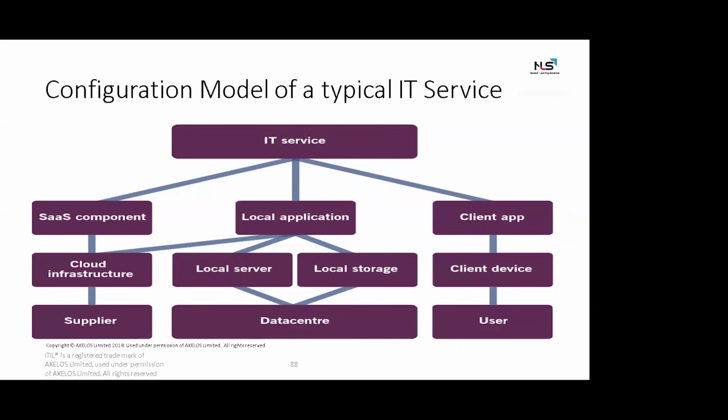SaaS components, local application, and client application are all connected here with cloud, local servers, and local storage. On the right-hand side we have client applications, client devices, and users separately. Via a particular IT service, we are all using the local application and the SaaS platform also. So this is what the diagram is saying.